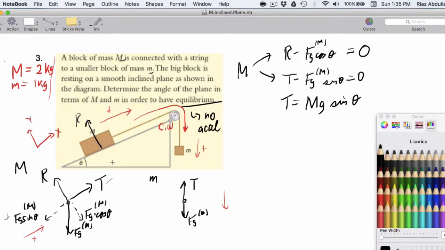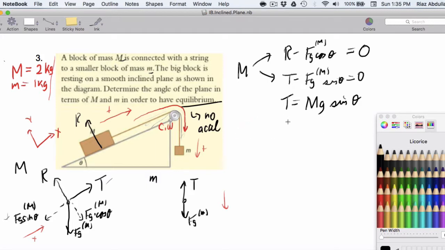Our original question is, we know there's an angle that's absolutely perfect so that the boxes don't move. If we go smaller than this perfect angle, the system slides this way. If we go bigger than this angle, the system slides back the other way. We're trying to solve for that perfect angle. We want an exact number for it, and these are our masses.